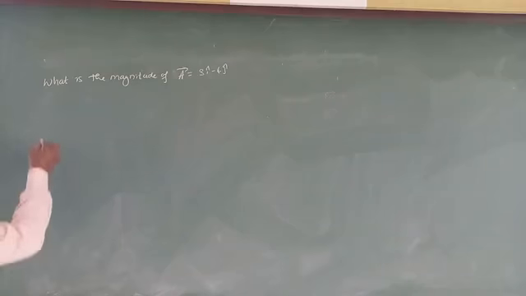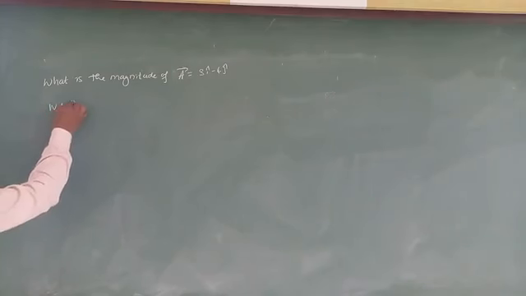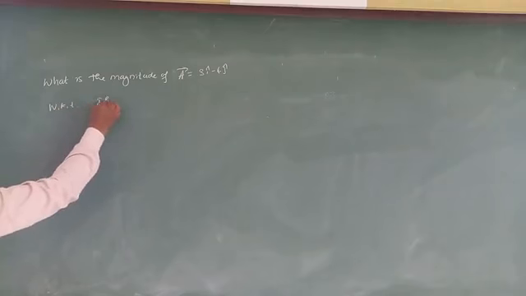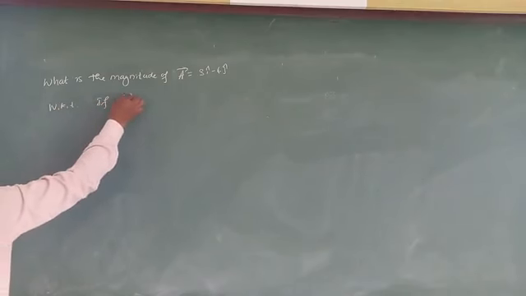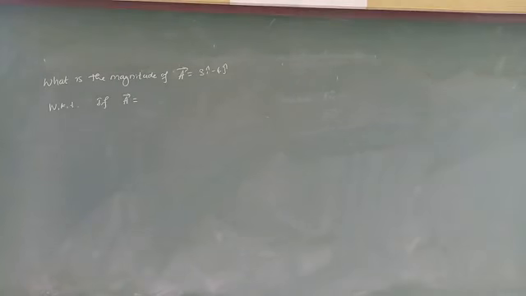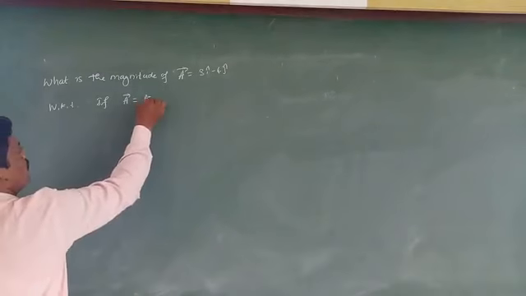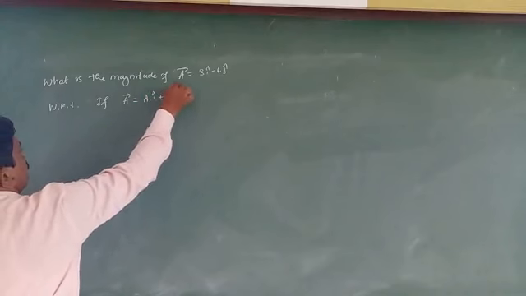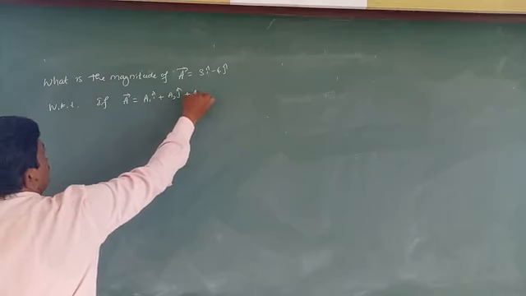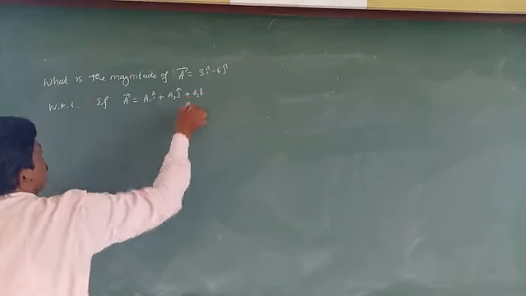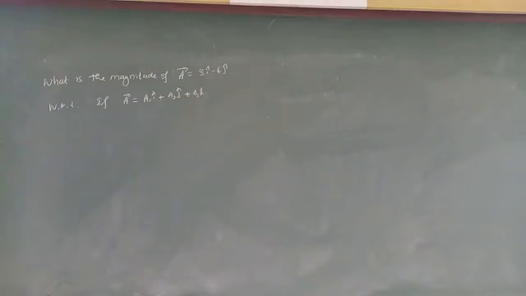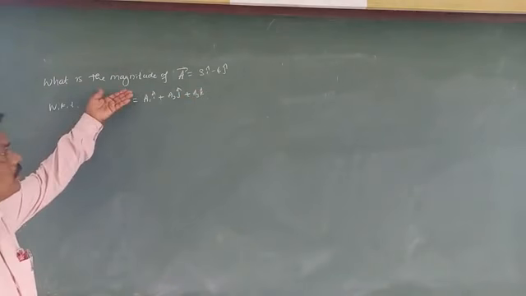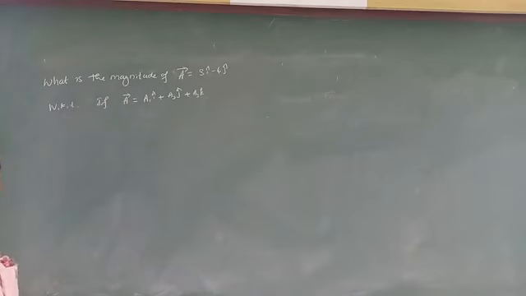We know that if vector A equals A1 i cap plus A2 j cap plus A3 k cap, this is the spatial vector. Spatial vector means the vector lies in space.